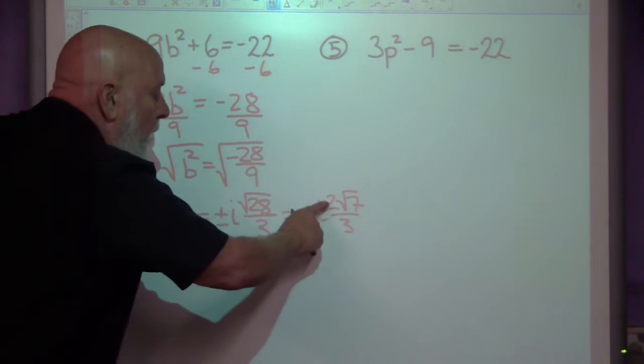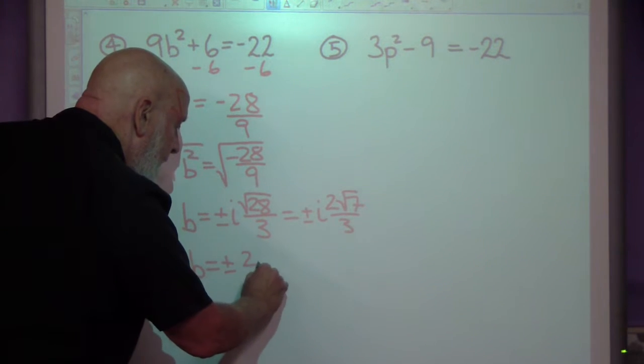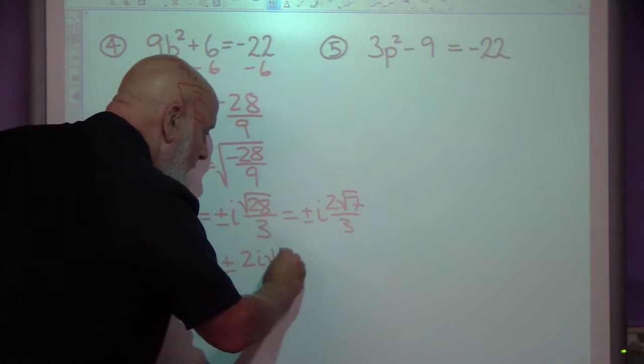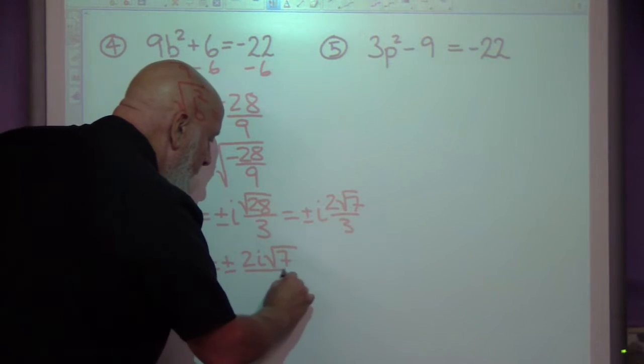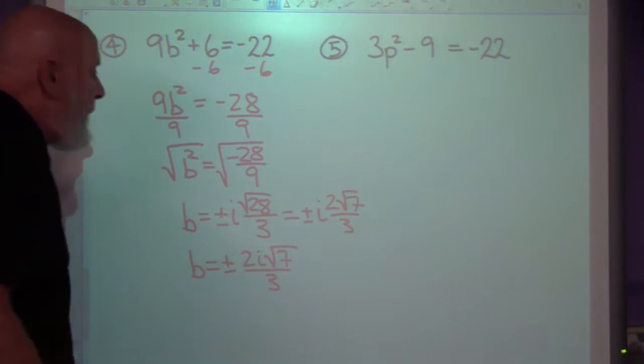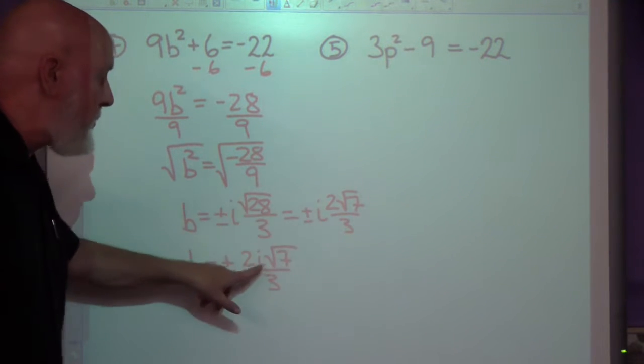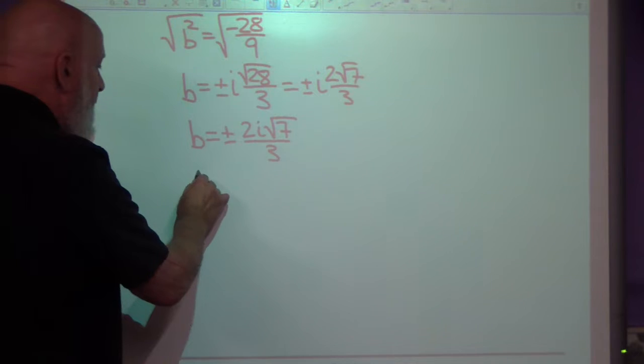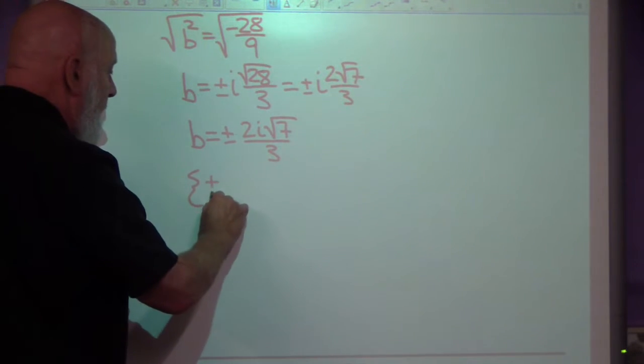Most of the time, that will be written like this: plus or minus 2i radical 7. That's how they'll write it. They'll put the i up here, just on the other side of the 2, over 3. This isn't wrong, but it's usually written like this. And in a standardized setting, we can expect to see it written like this.